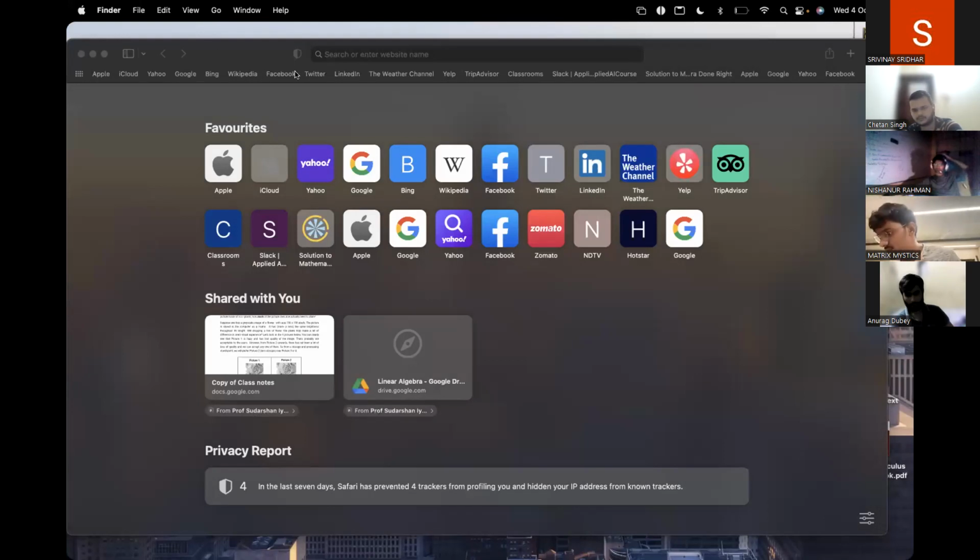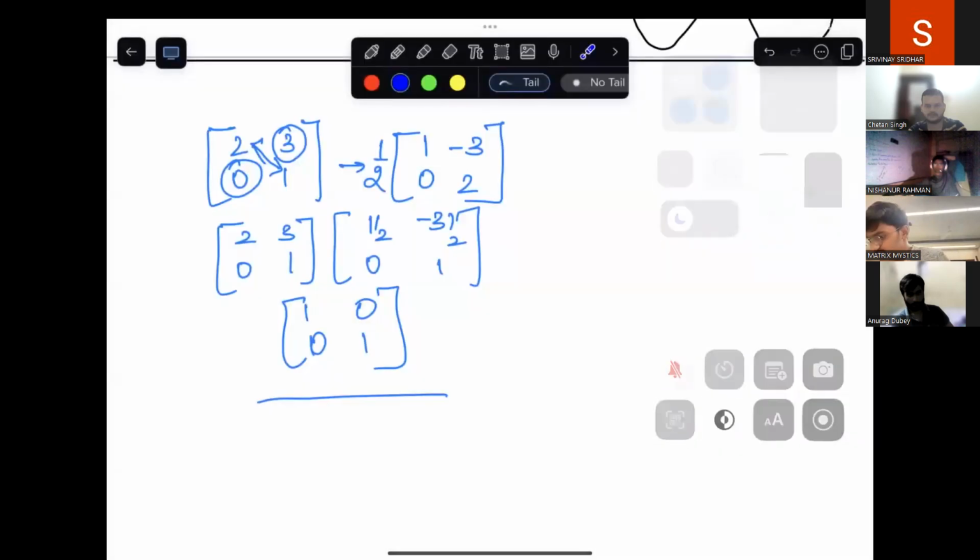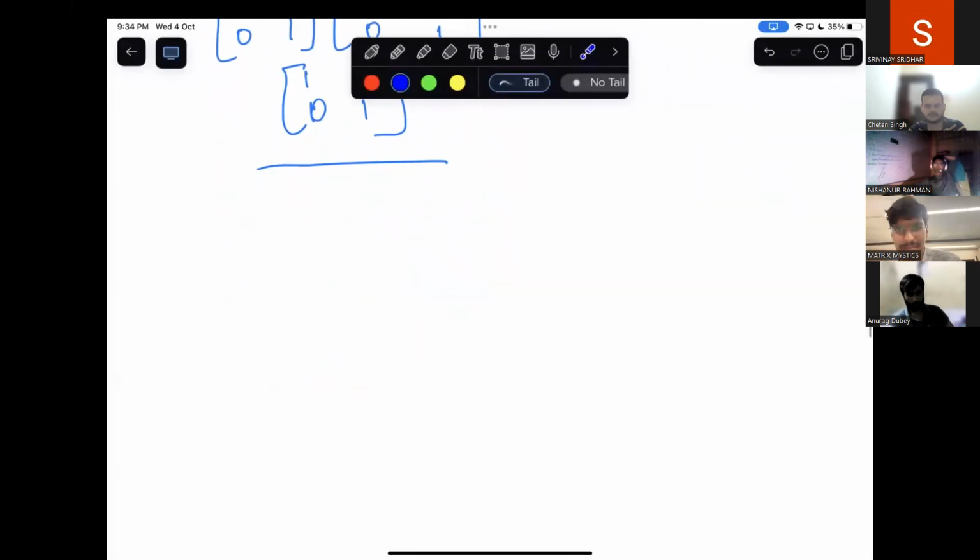Yeah. So is my screen visible? I am assuming that you are a little bit confident with vectors. You should know what a unit vector is.